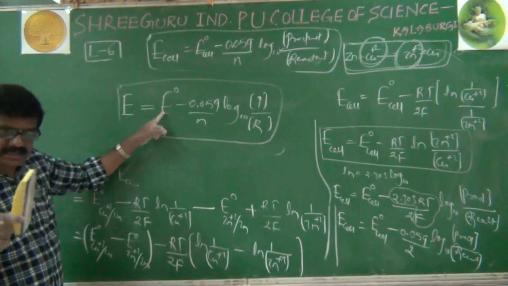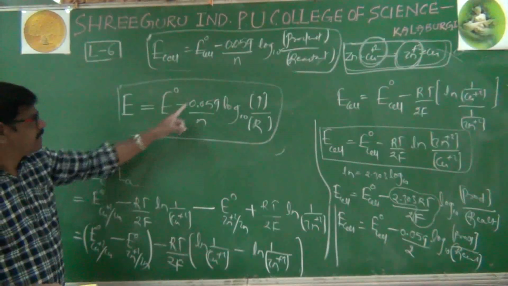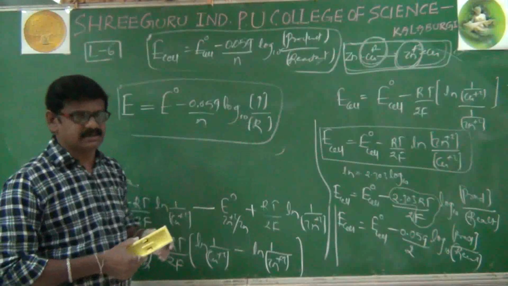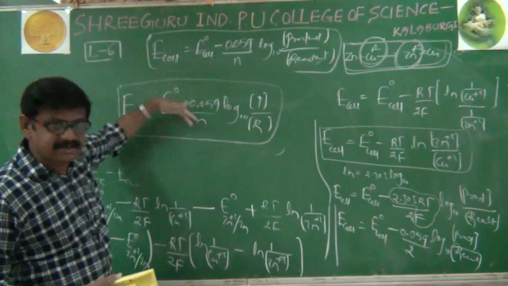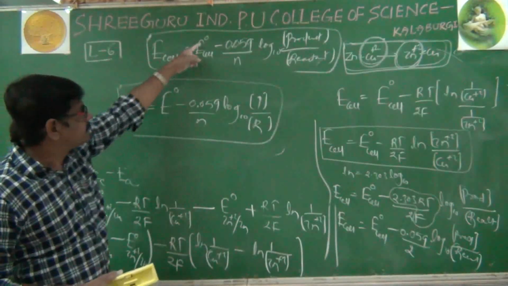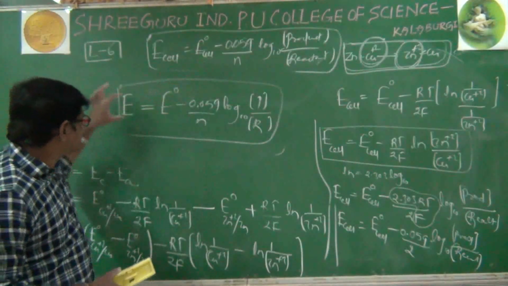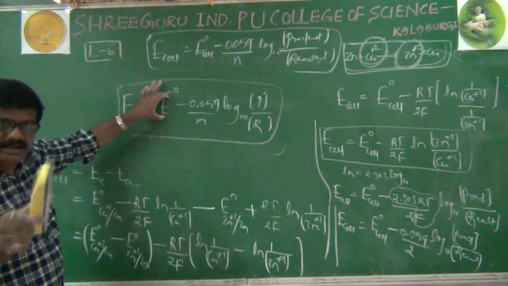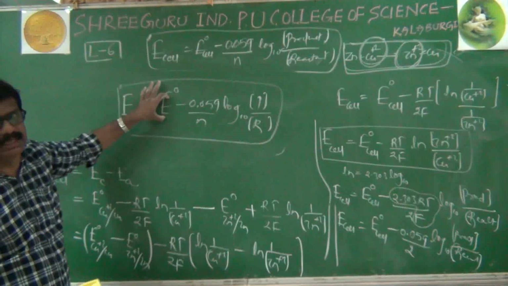It is also a single potential only. Minus 0.059 by n log base 10 product by reactant. Both are entirely different from each other. Here we are using E cell, E naught cell. But here it is E for a single electrode, E naught also for a single electrode only. Right.